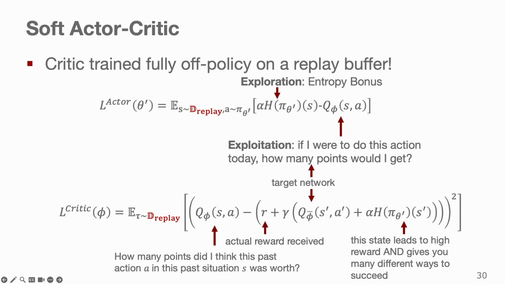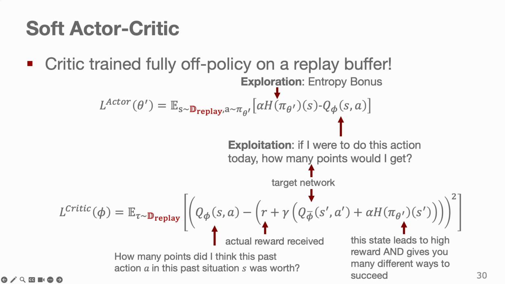And crucially, there is also this entropy term. That means that we push for states that lead to high rewards and also give you many different ways to achieve it.